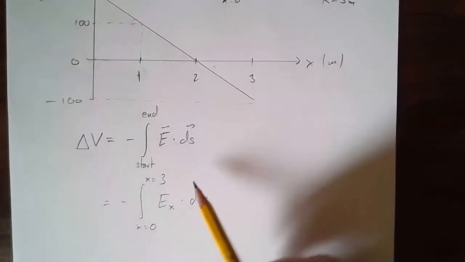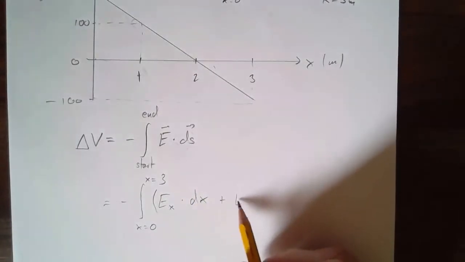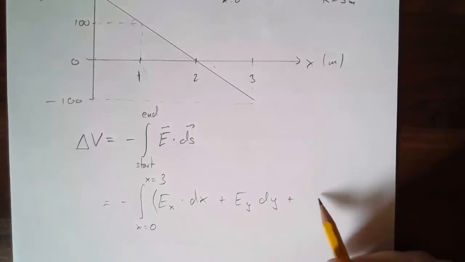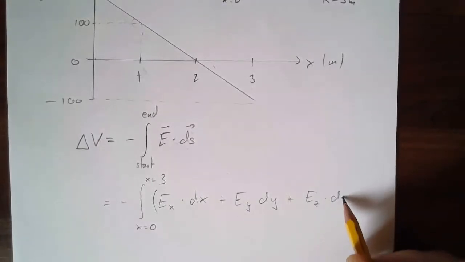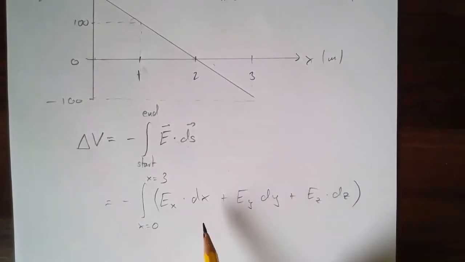Now, in general, we could have added, let me just write down the more general form, where the dot product here could be written as this, plus Ey dy plus Ez dz. So in general, this is a line integral, if you've met the concept before in some more advanced calculus course.